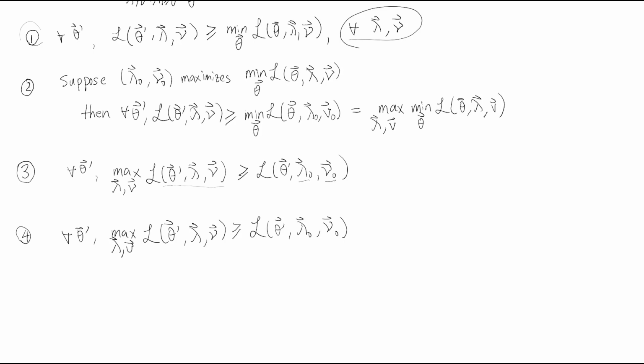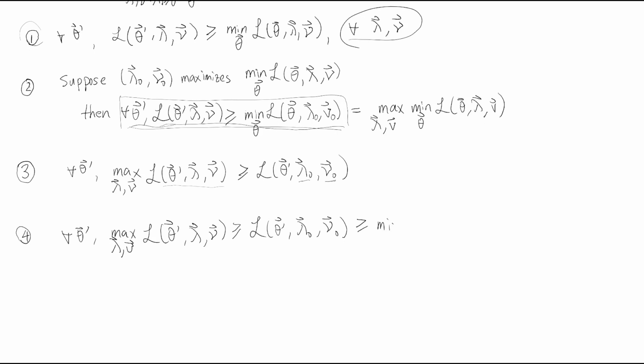And that is greater than or equal to, now using 2, which says for all theta prime the first inequality holds. In particular, if we plug in lambda 0 and nu 0, the first part of this inequality still holds.